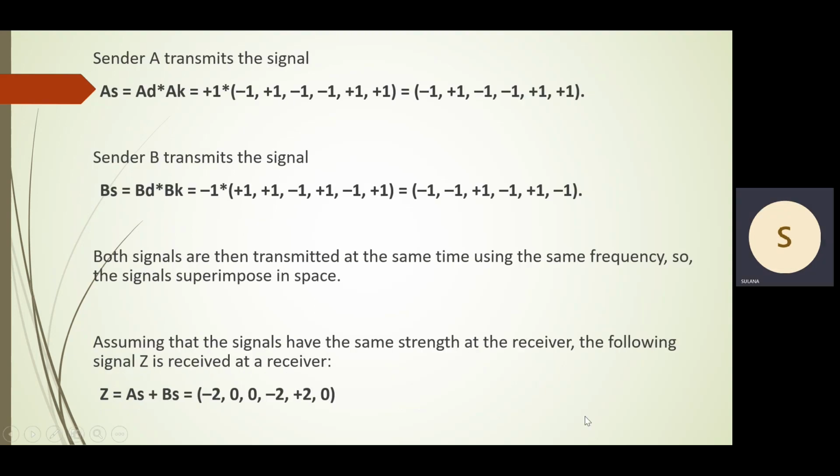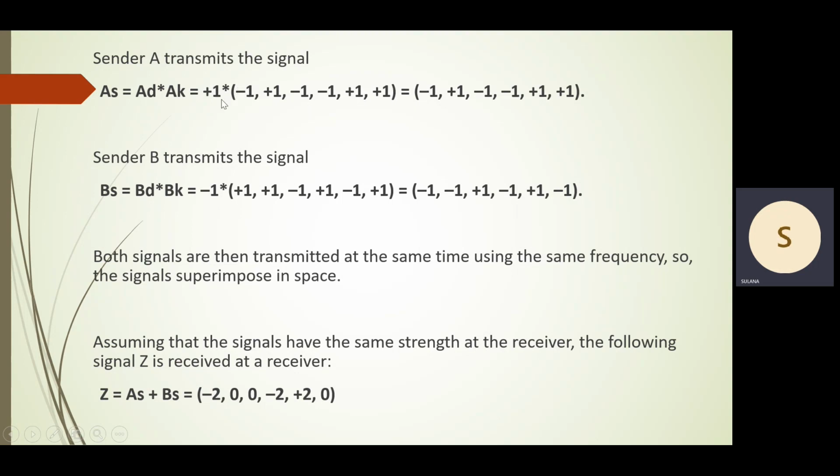The next step is A wants to transmit its data. So it takes its data and multiplies it with its key. So AD is multiplied into AK. A's data is +1, multiplied by its key.